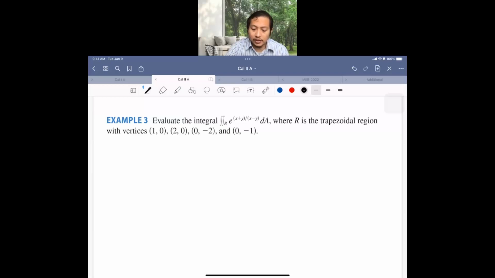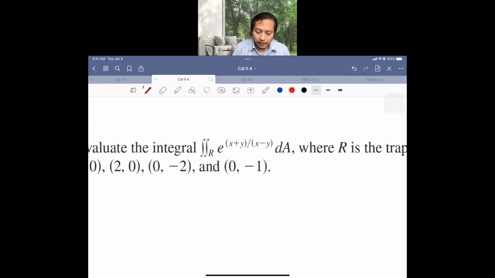So you can see the change in terms of the shape. But before we look at the shape, I want you to be observant for these cases. If you look at the function itself, the e, we have x plus y and x minus y, right?